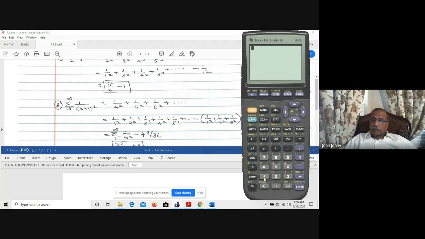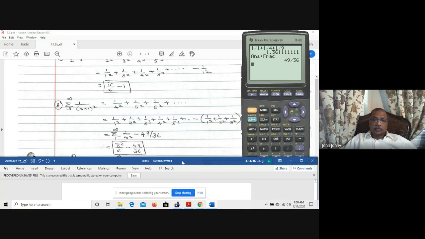One over 1 square, that is 1, plus 1 over 4 plus 1 over 9. Fraction: 49 over 36. So you have to subtract the first three terms from that infinite series.